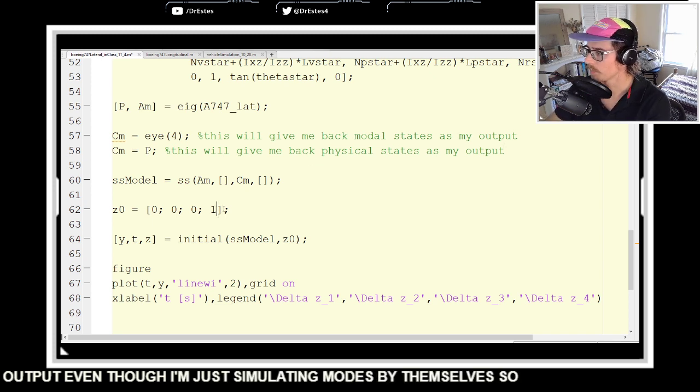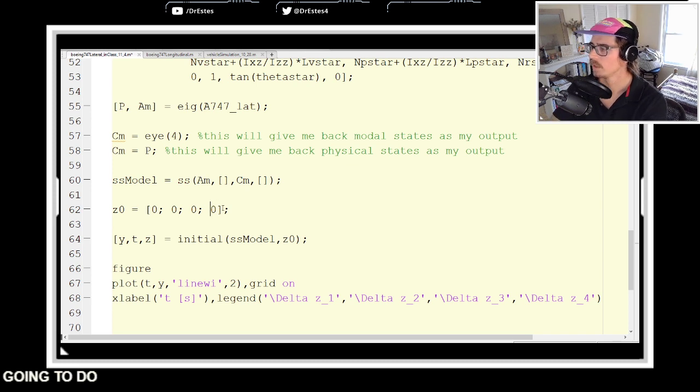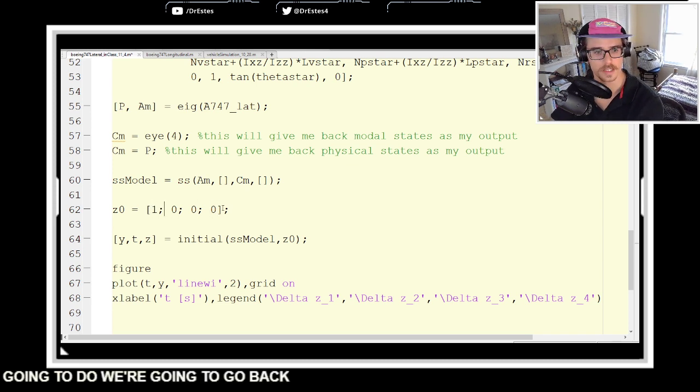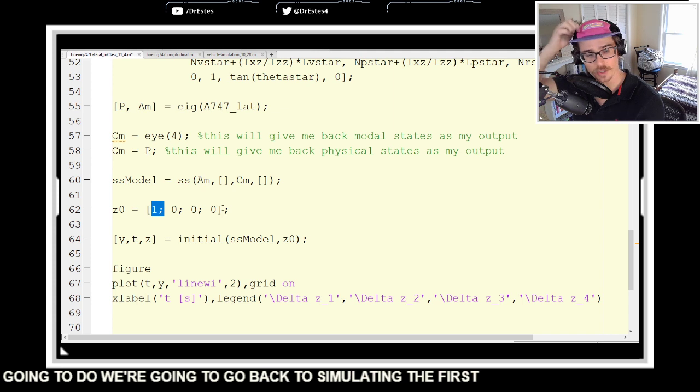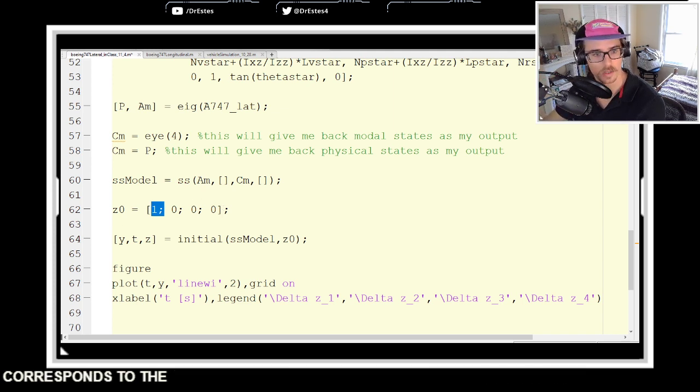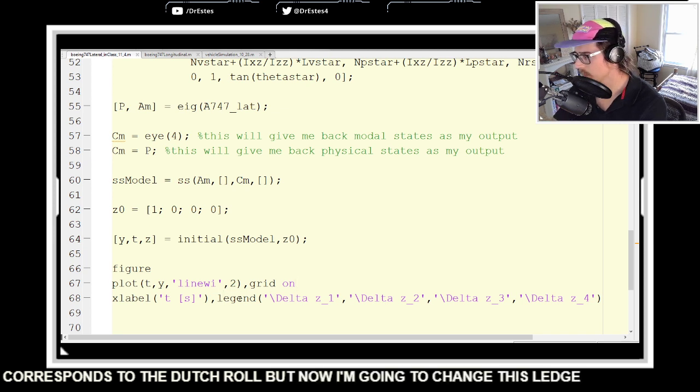So, okay, what we're going to do, we're going to go back to simulating the first modal state, which corresponds to the Dutch roll. But now I'm going to change this legend.